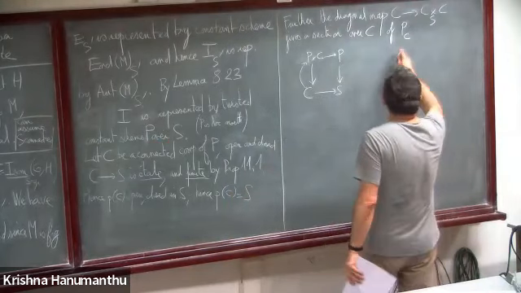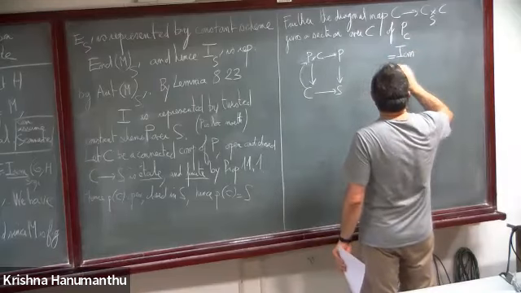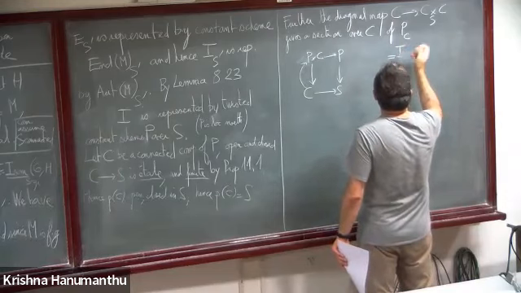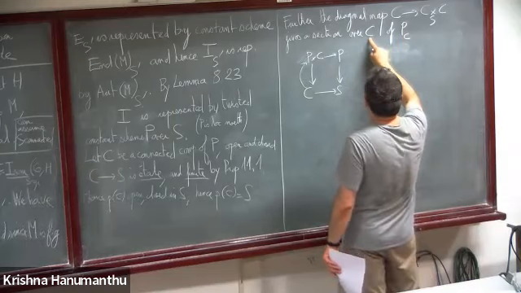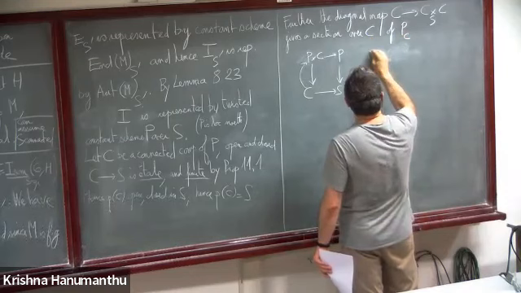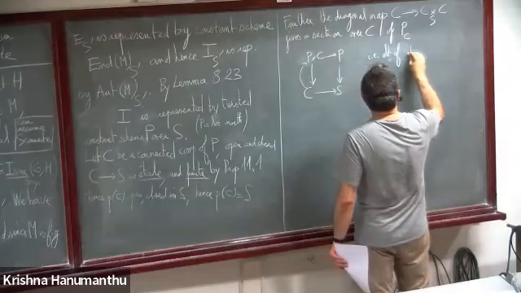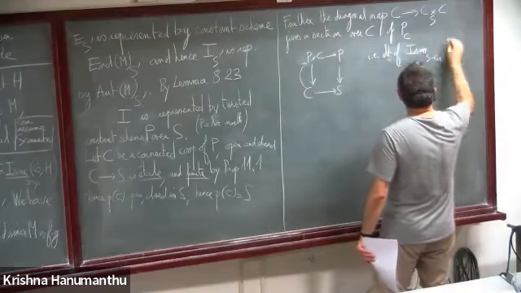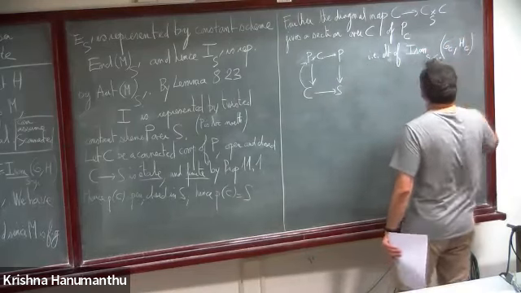So this is a section of P_C, but what is P_C? So this is a C point of P_C. So this is an element of isomorphism of S-groups of G_C and H_C.